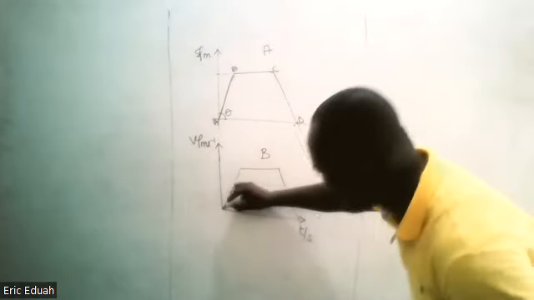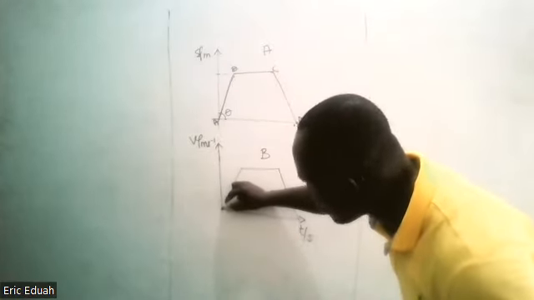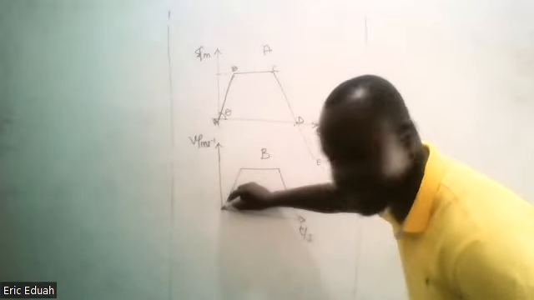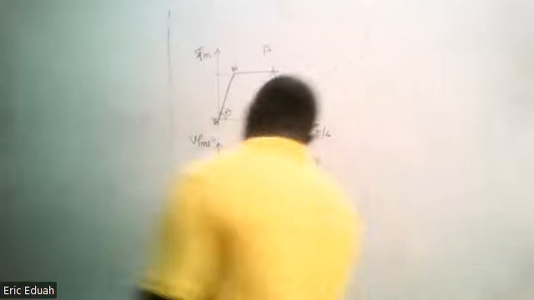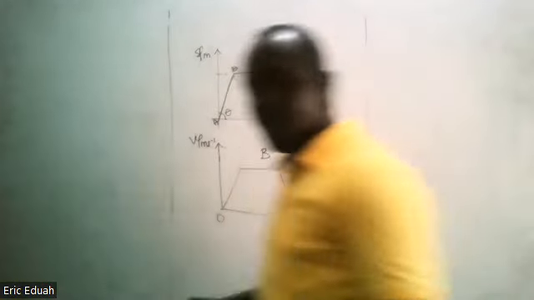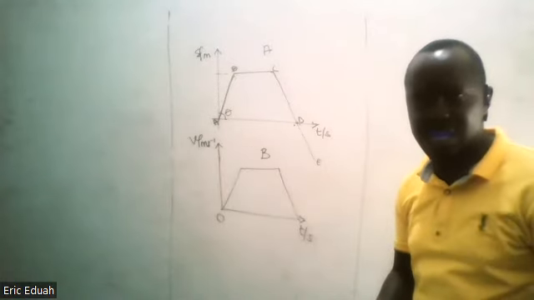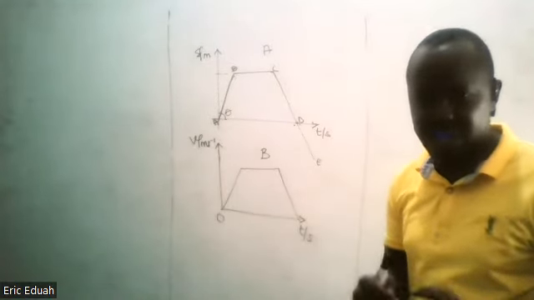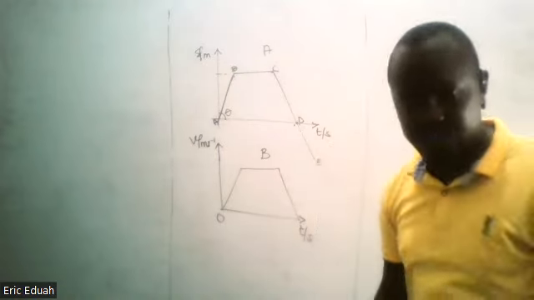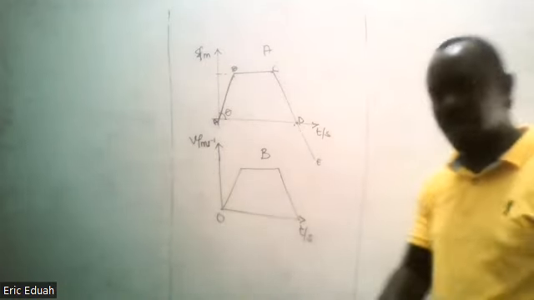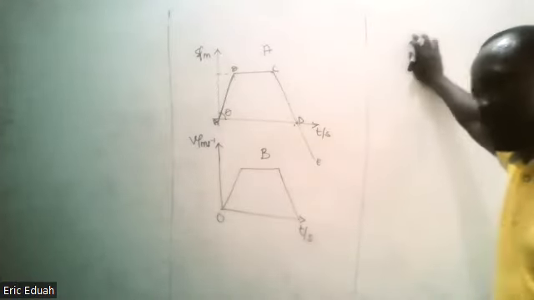Whenever the graph of motion starts from the origin, it means the body starts from rest. If it starts from rest, it means the initial velocity is 0. Safua, are you okay? Then I can allow you to continue.